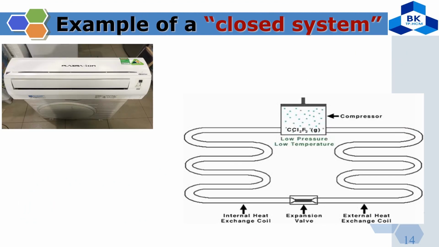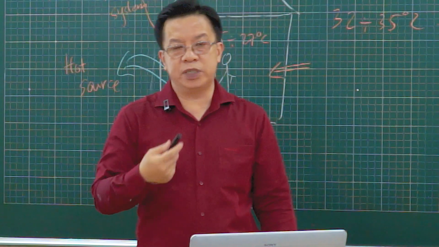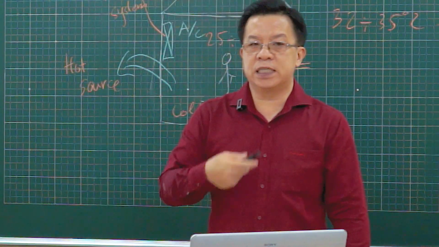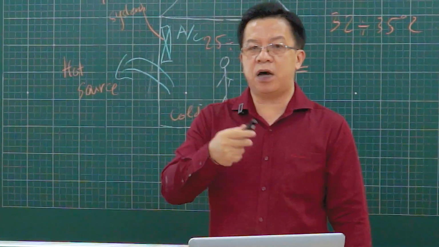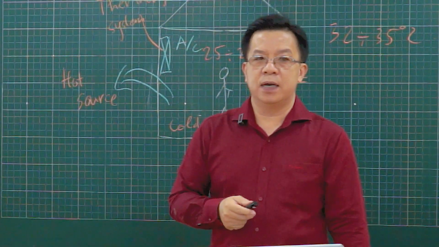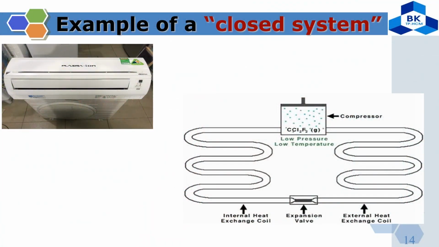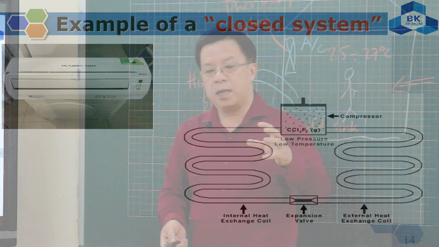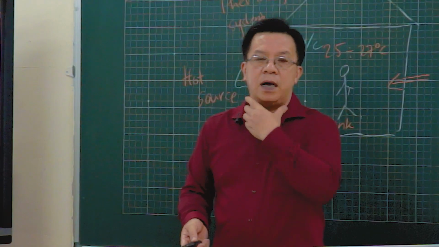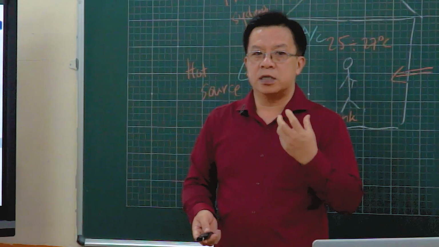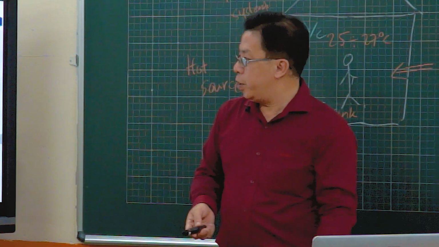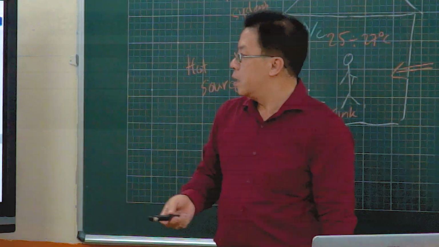Okay, look at the example of a closed system. The closed system means the substance cannot transfer in or out of the boundary. The air conditioner is an example of a closed system. Later, in the lesson on refrigeration cycles, you will learn more.